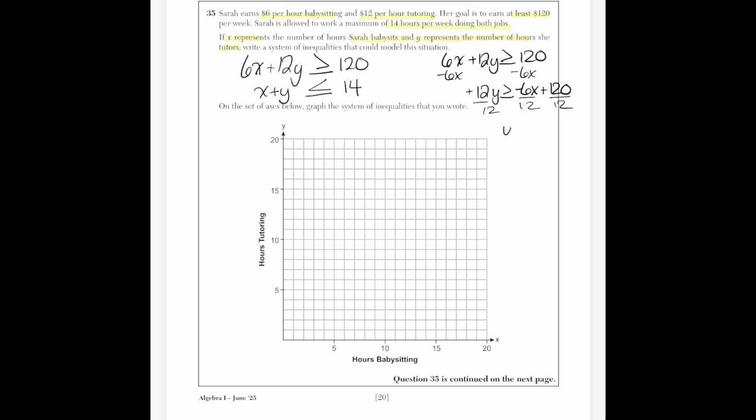Okay, so now I have y is greater than or equal to negative 1/2 x plus 10. That one I can graph pretty well because now I know my intercept is here at 10, and I know my slope is down 1/2.